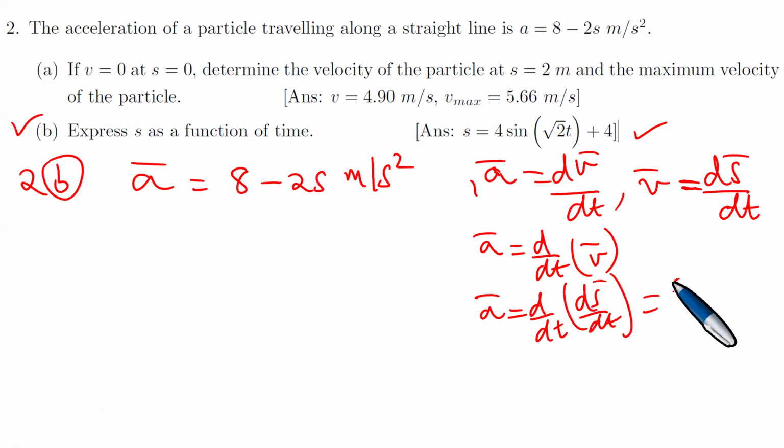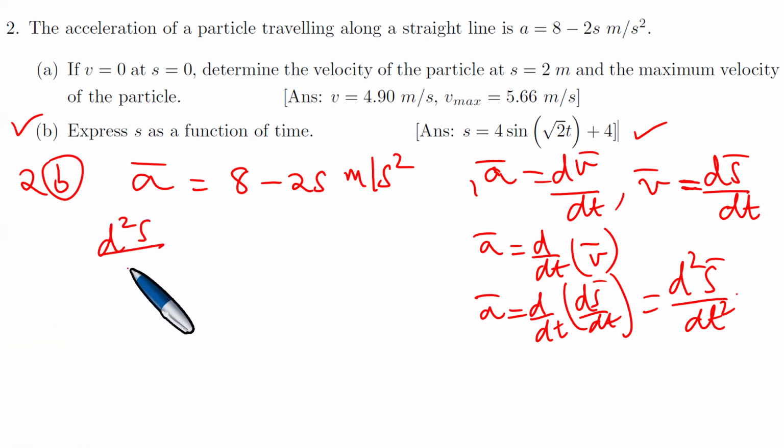So acceleration is also d squared s over dt squared, which is 8 minus twice s.